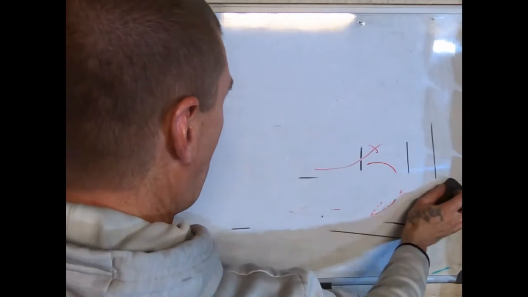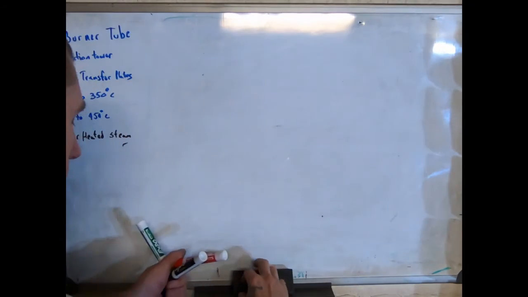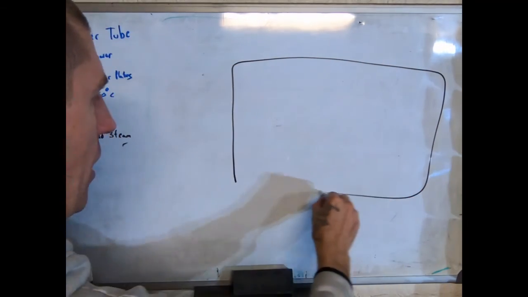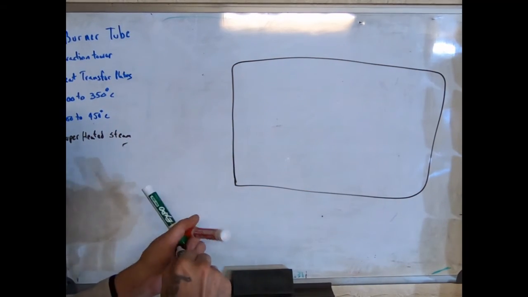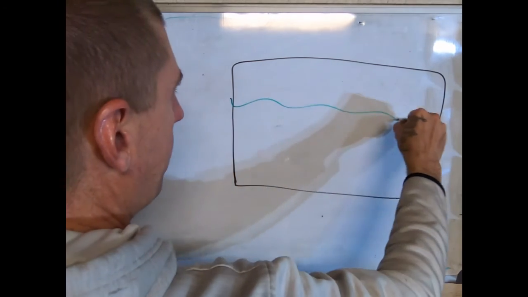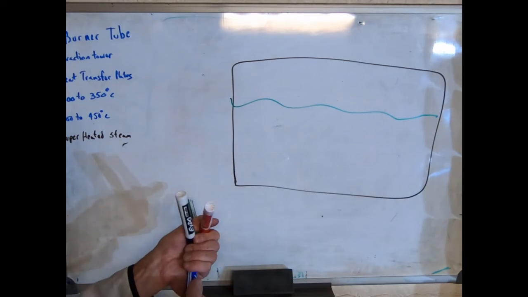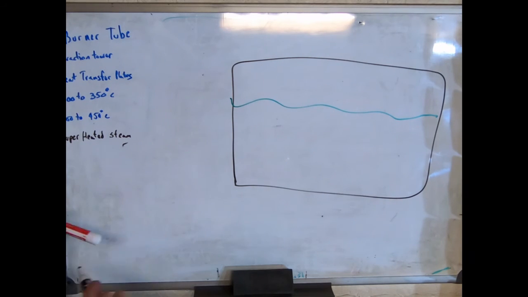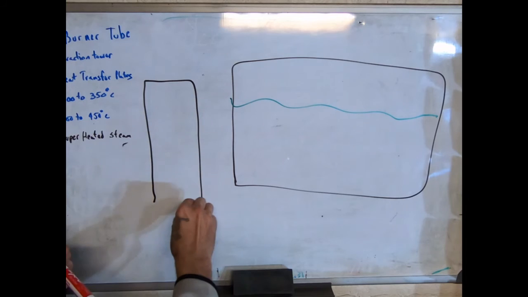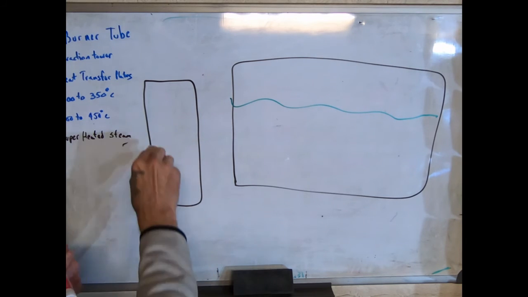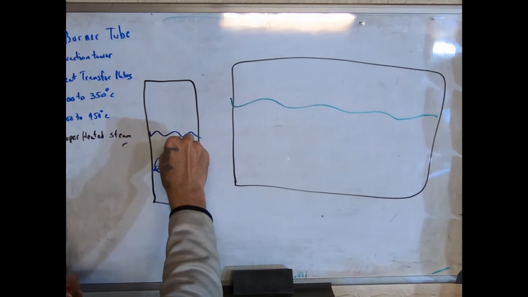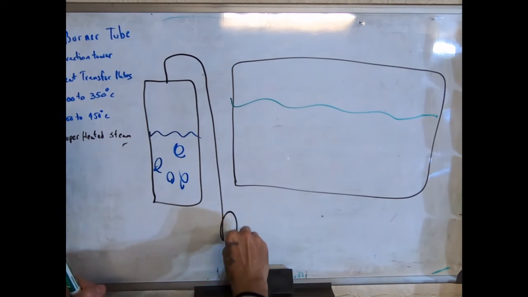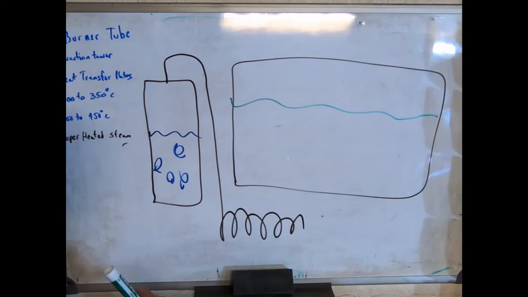And the other option to get away from that heat transfer crap is just a standard old, there's your D-tank. There's your fluid. Okay, and we've got a big old tank of boiling water here. It's just boiling away, producing some steam that we then pump through a steam superheater coil.